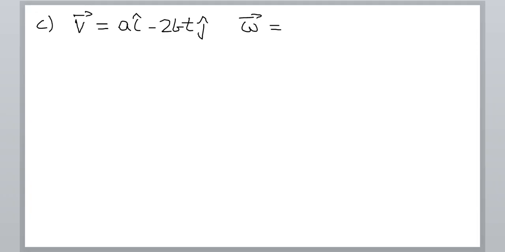To solve the C part, we need to find the angle alpha between w vector and v vector. Now, v vector is equal to a i cap minus 2bt j cap, and the w vector, the acceleration vector, is equal to minus 2b j cap.